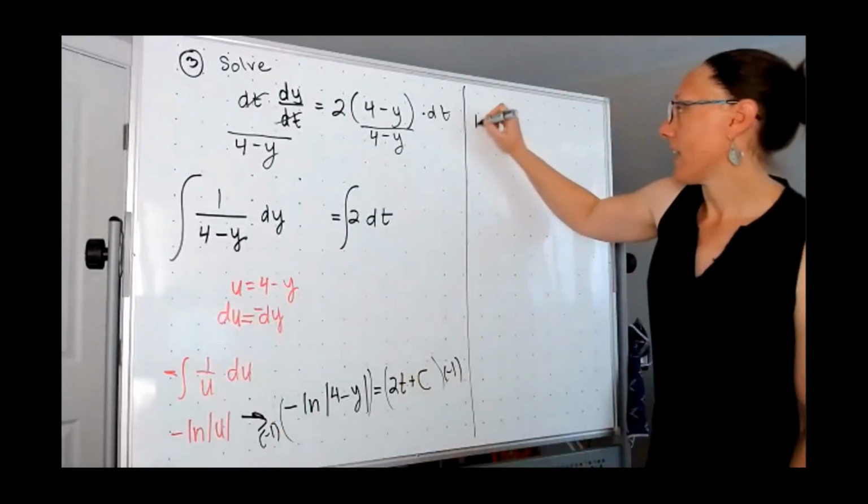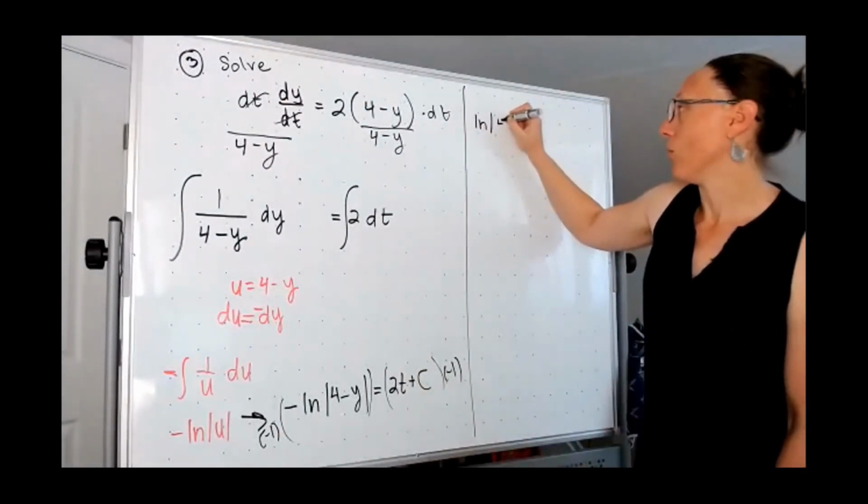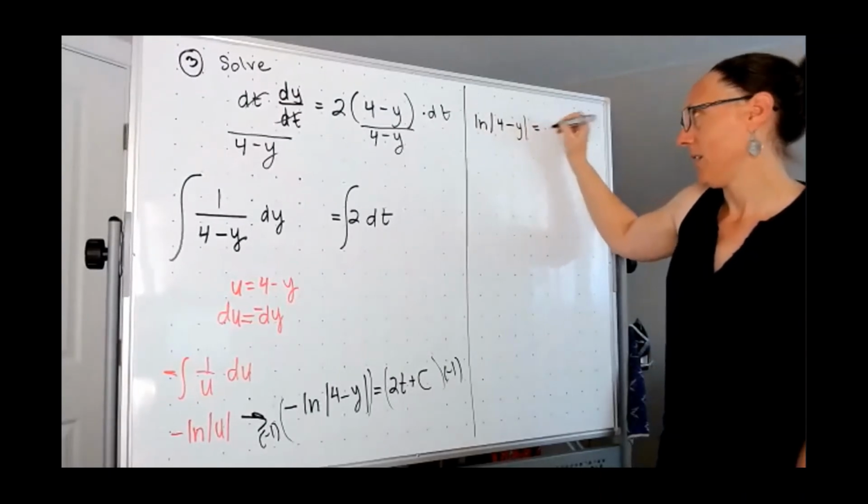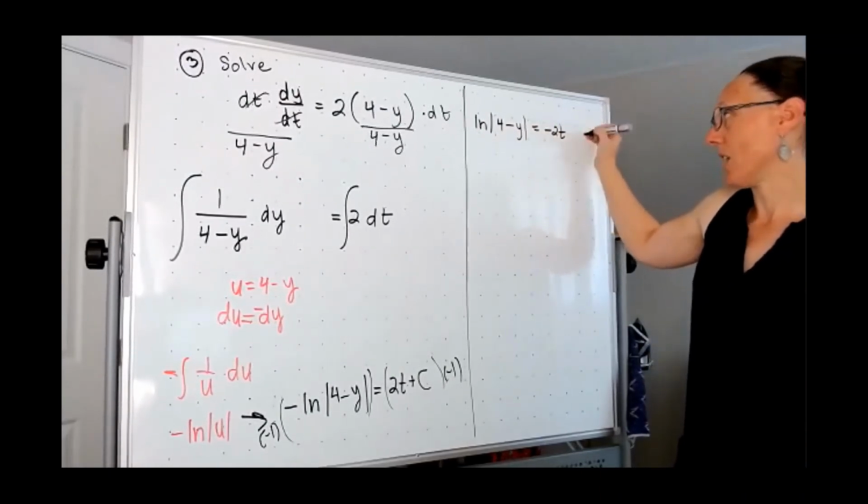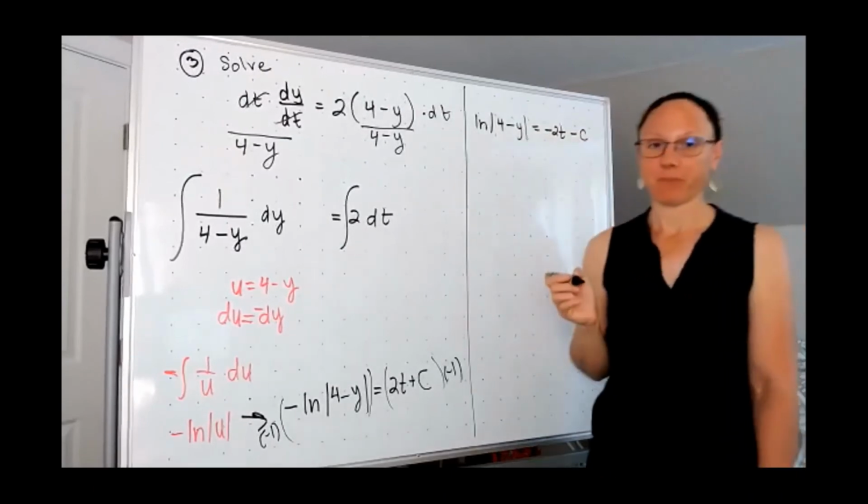Then I should get natural log absolute value 4 minus y is equal to -2t minus c.